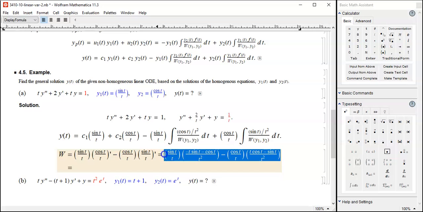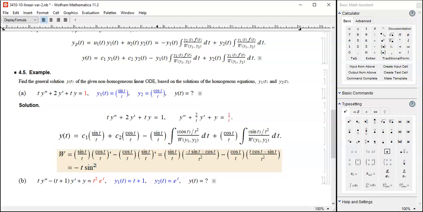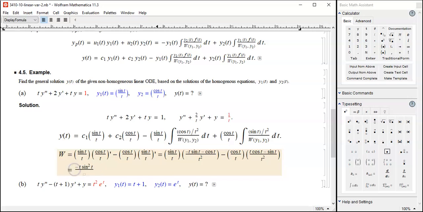Putting all these together, so multiply sine, so negative t sine squared of t, and as a matter of fact, the denominator is t cubed.